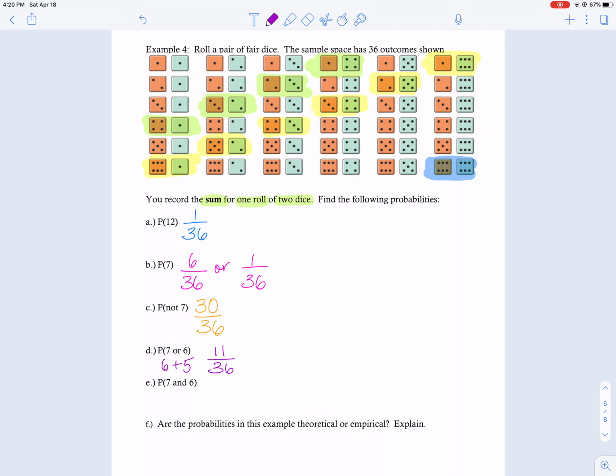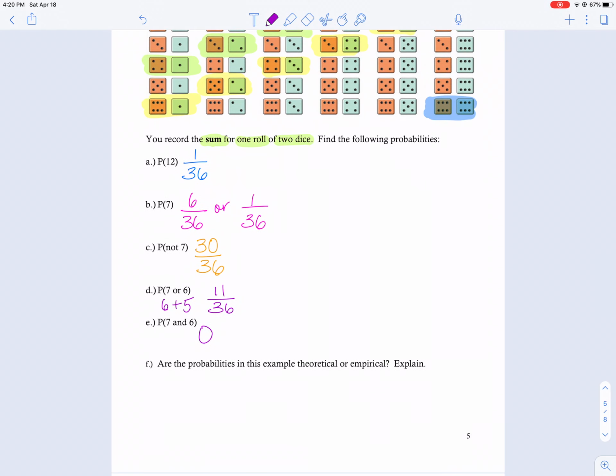What's the probability of 7 and 6? 0. Okay, are the probabilities in this example theoretical or empirical?